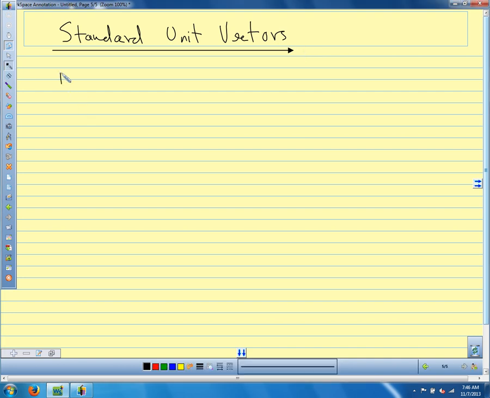And we say that i hat is the vector 1, 0, the unit vector in the direction of the x-axis. And then j hat is the vector 0, 1. So that's a unit vector in the direction of the y-axis.